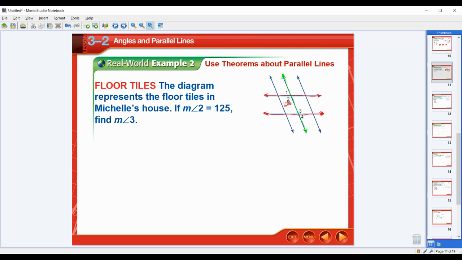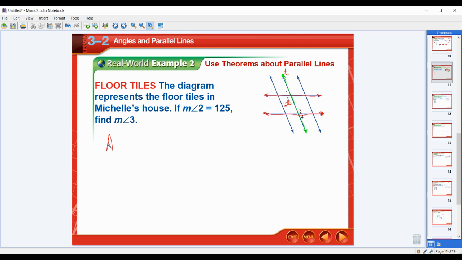So let's look at angle 2. Let's look at angle 3. What type of angles would these be if this green line T is our transversal? So it looks like both would be on the inside. Since these are both on the inside, I know it's going to be some sort of interior. They appear to be on opposite sides of our transversal.